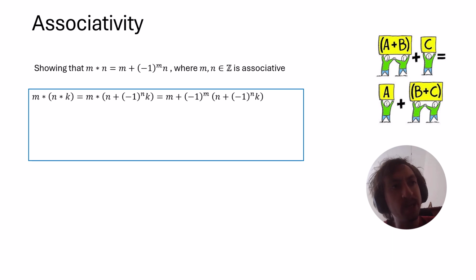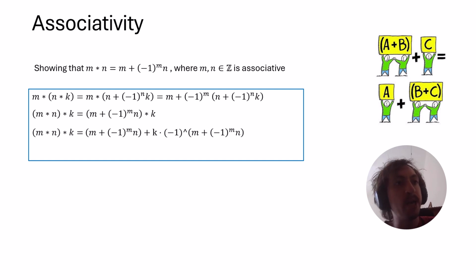The more complicated expression is when we do m star n star k the other way, because the m star n will appear in the power which we raise minus 1 to, leading to a more complex expression. So this is what you get for your m star n star k.